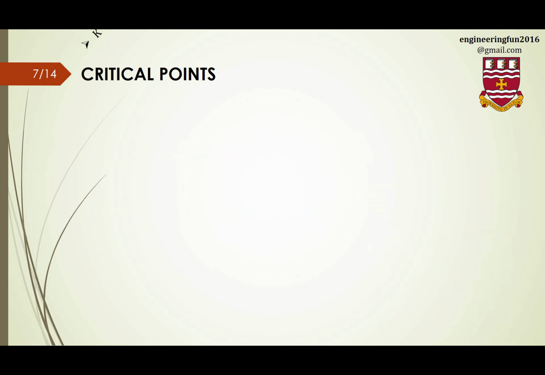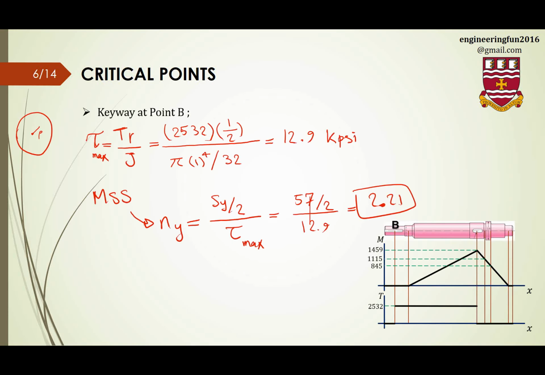There are a couple of things here that we need to focus on. One of them is that the Sy we used must have the same unit as our maximum shear stress. Otherwise, we have to put some conversion factor here.